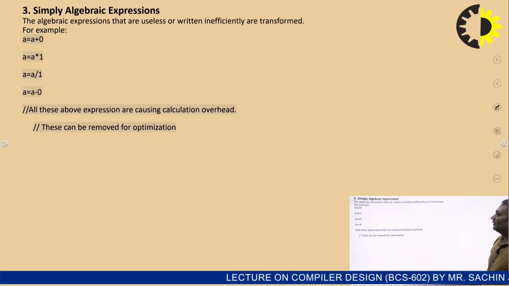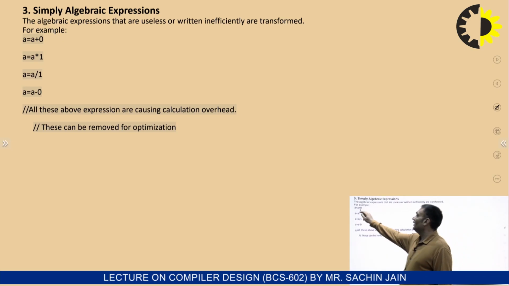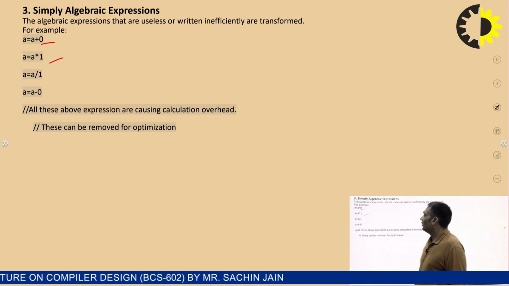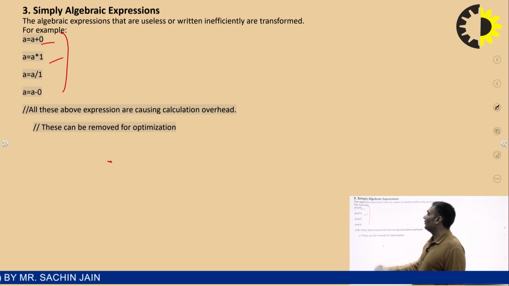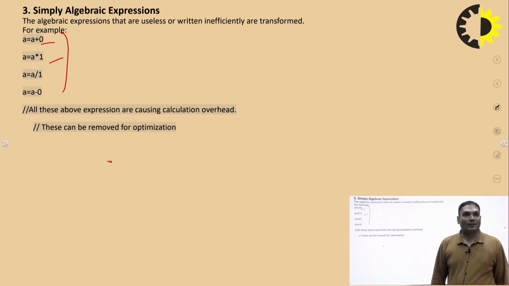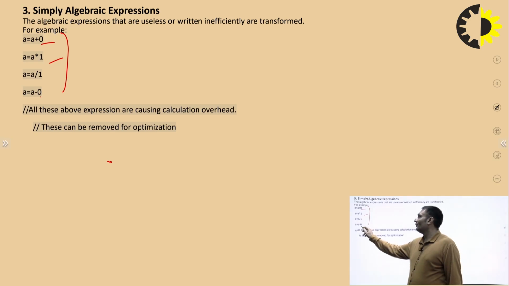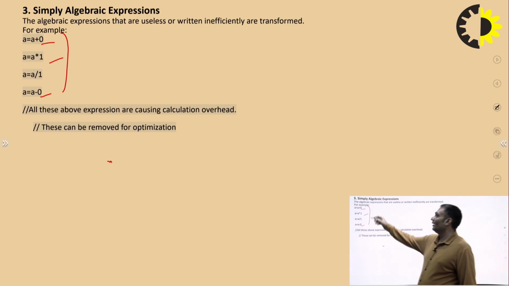Simplify algebraic expressions. For example, a equals a plus 0, a equals a into 1, or a equals a divided by 1, or a equals a minus 0. All these examples will not affect the calculation of a. Multiplying by 1 will not affect it, dividing by 1 will not affect it, subtracting 0 will not affect it. So what is the need for writing these?